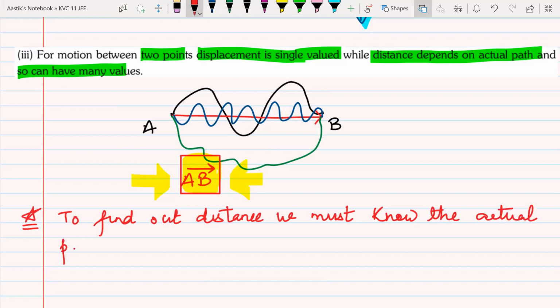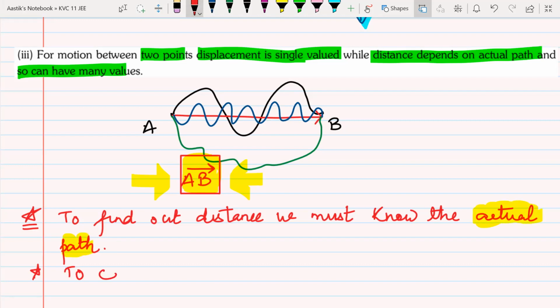We must know which path the body has followed. If we do not know which path the body has followed, we cannot find out the distance traveled. Do we all agree on this? Yes, sir.